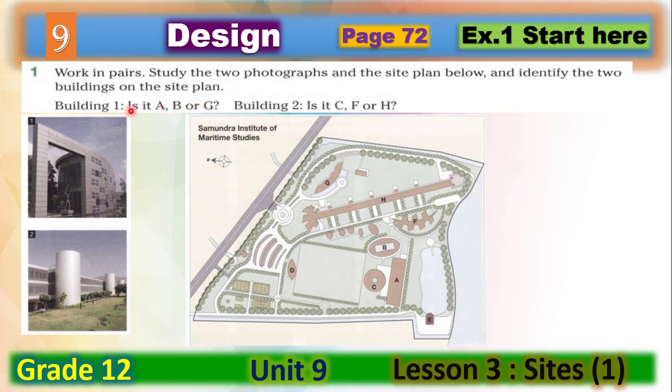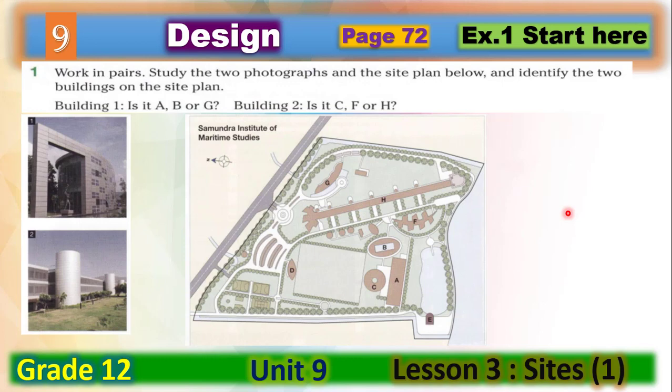Building 1, is it A, B, or G? Building 2, is it C, F, or H? Okay? Take your time, look carefully at the two pictures, and try to find them on the site map. You have 2 minutes to do the activity, and when you finish, please play the video again to check your answers.